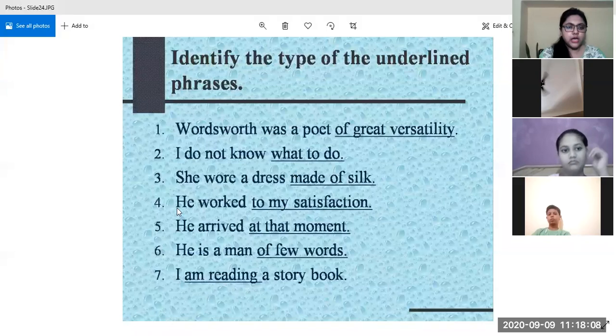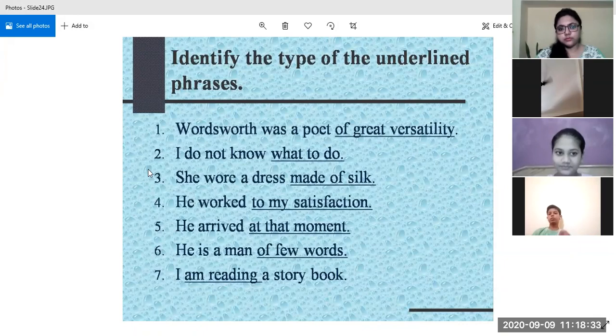Who will tell me the answer to this question? Yes, Yashi. What to do is a prepositional phrase. Why? Is it starting with a preposition?